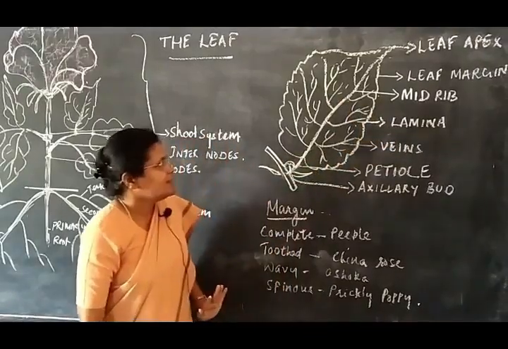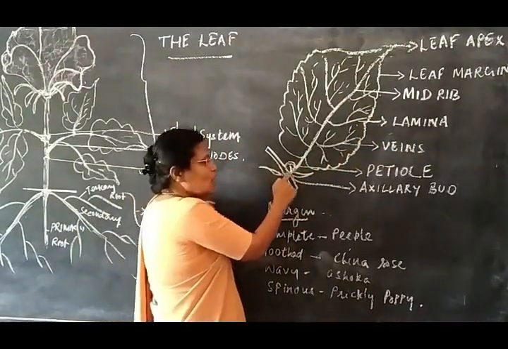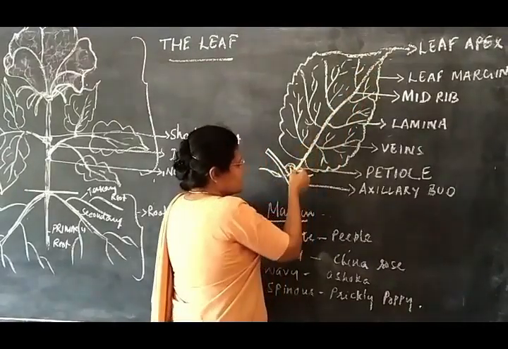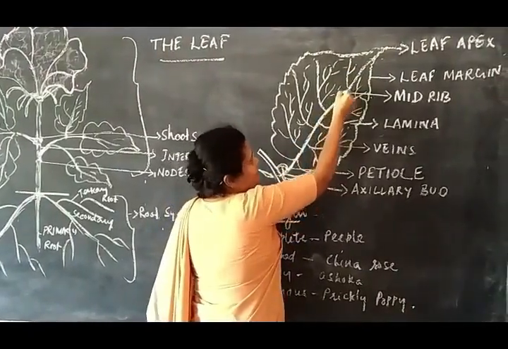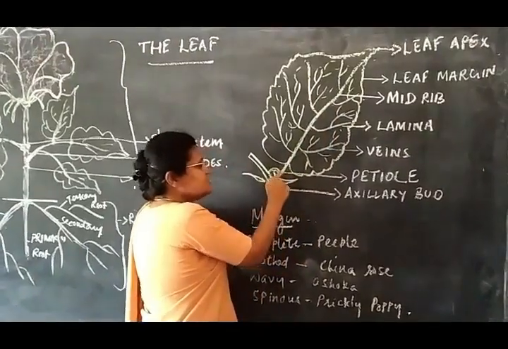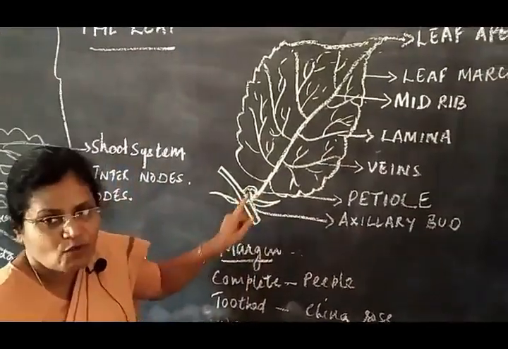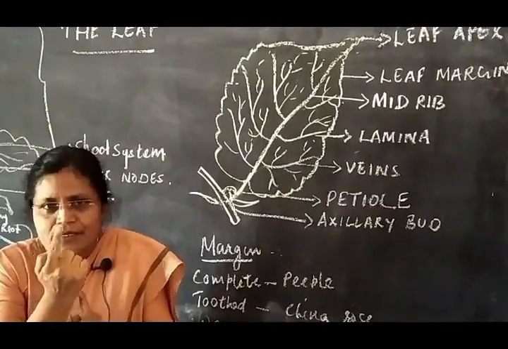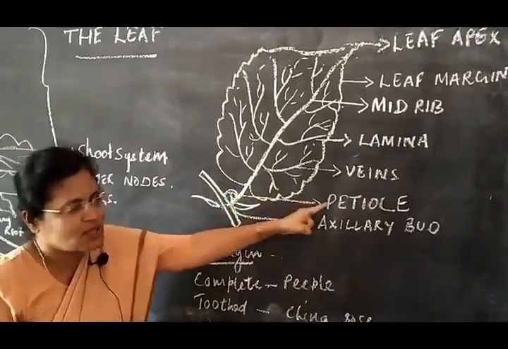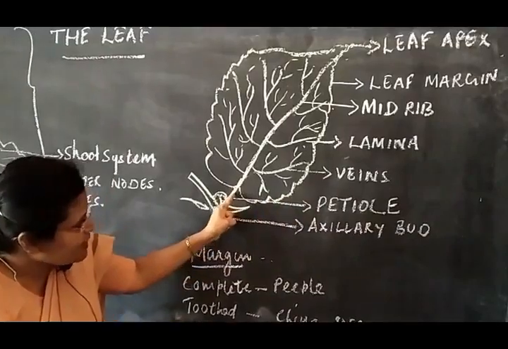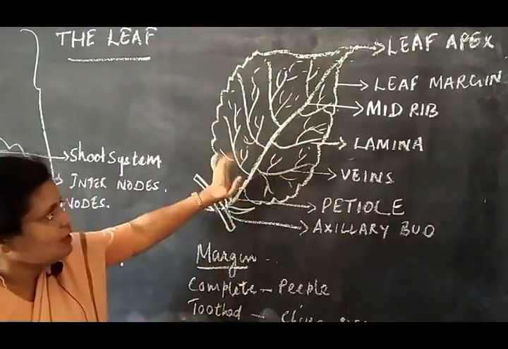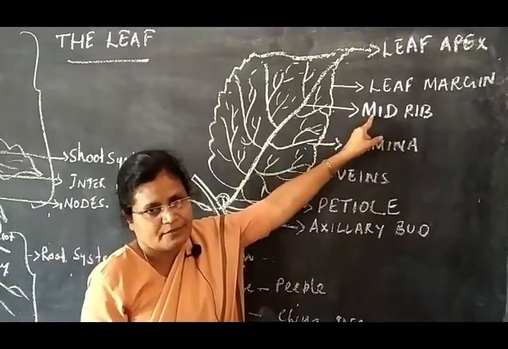Now look here, all along your petiole, the main line going here, the midline, is in continuation with the petiole. What is petiole? The stalk of a leaf. Stalk means a stick. So this petiole is in continuation in the middle of the leaf, which is called the midrib.